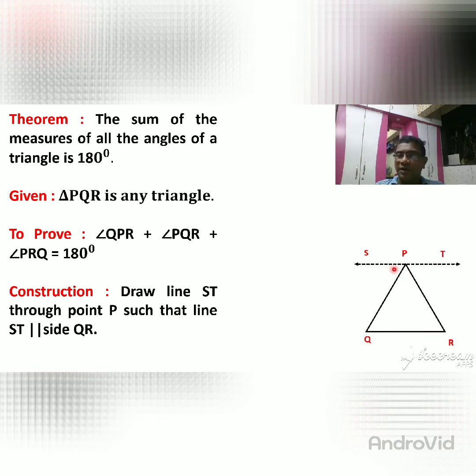This angle is also common here. So whatever the common angle is, this QPR angle is a common angle. So we can add this angle in statement number 1 and statement number 2, means LHS side and RHS side, both sides we add this angle. Which angle? Angle QPR, because this P is common on both sides.